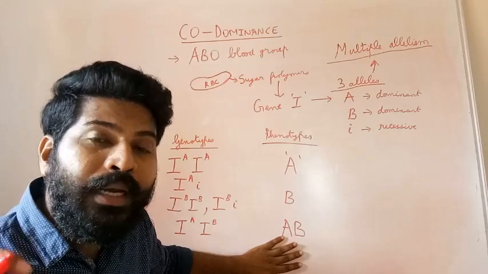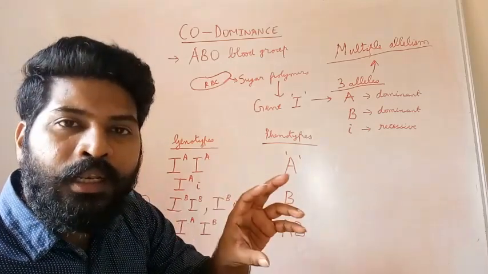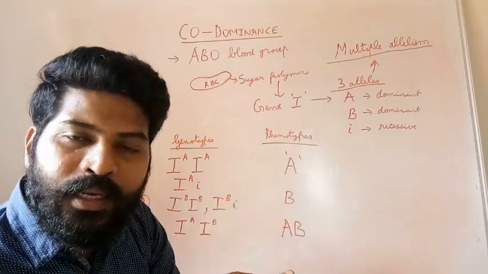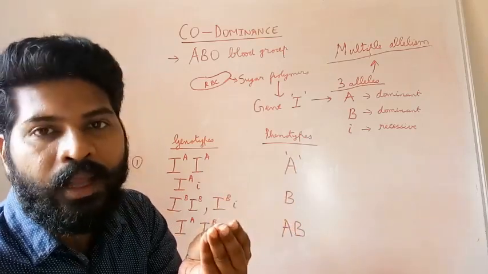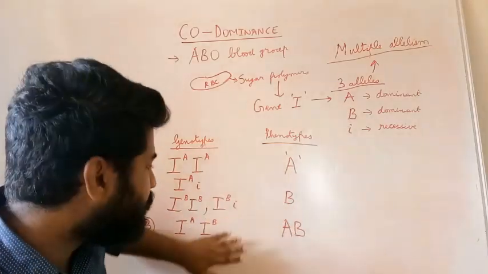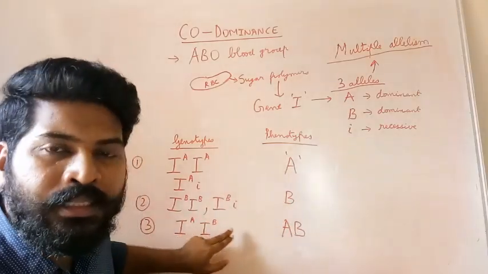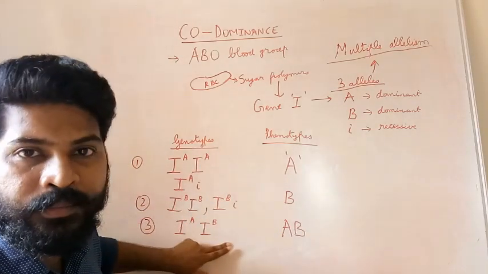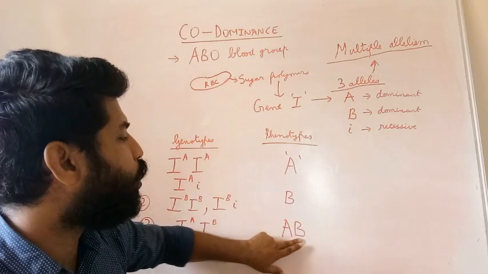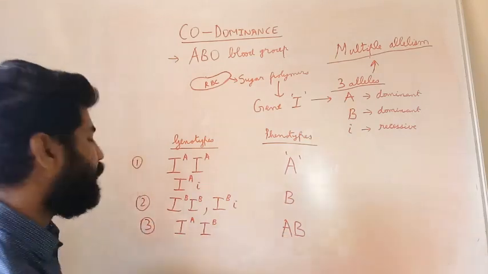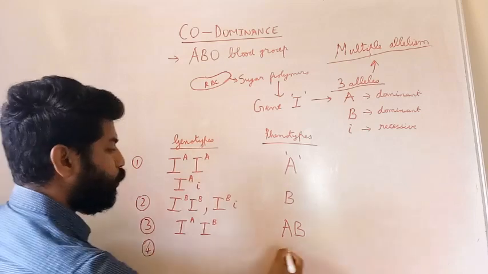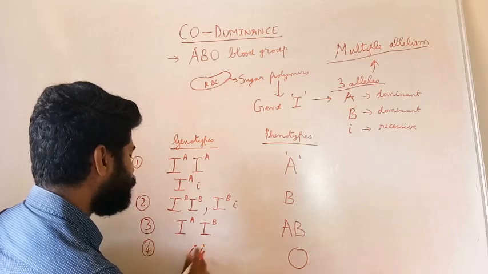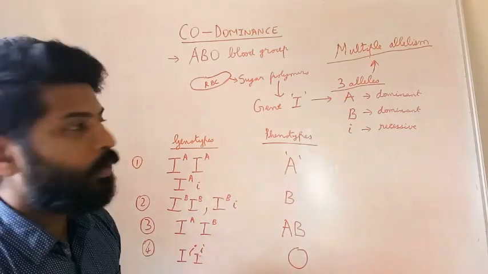Whereas in the case of incomplete dominance, one allele was less dominant over the other. Therefore, the recessive allele was able to show just a little, and we get in between characters. Whereas here, both the alleles will express themselves in the heterozygous condition. Therefore, this is what is called as codominance, resulting in blood group AB, whereas blood group O is when both the alleles are recessive, that is i into i.